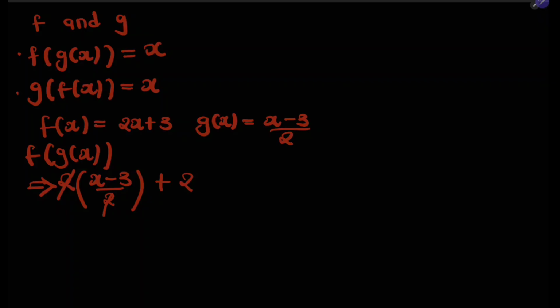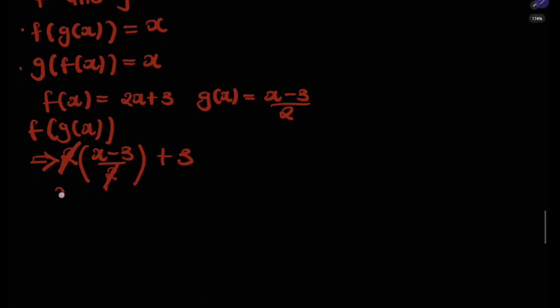Sorry, this is 3. So these ones will cancel out. And we are going to be left with x minus 3 plus 3, which boils down to x. So our first case is true.